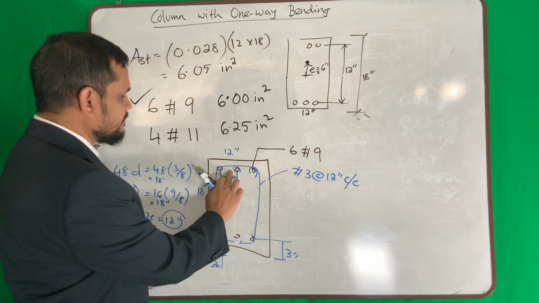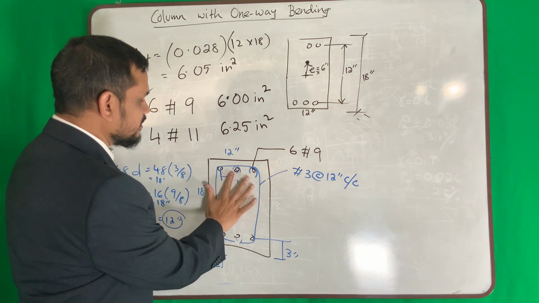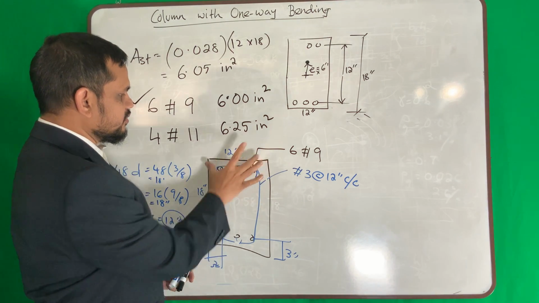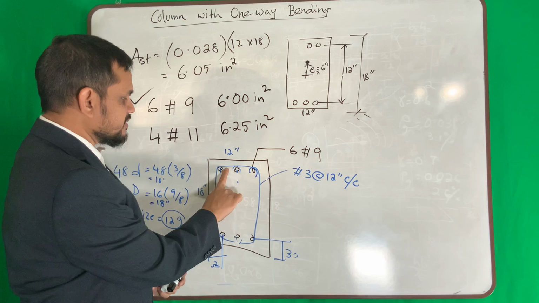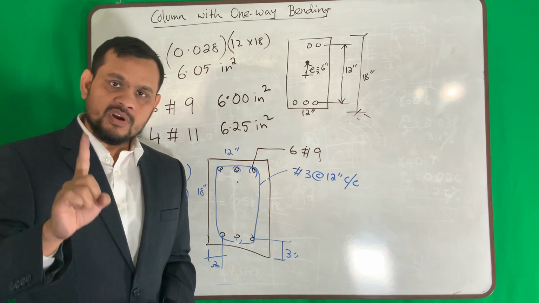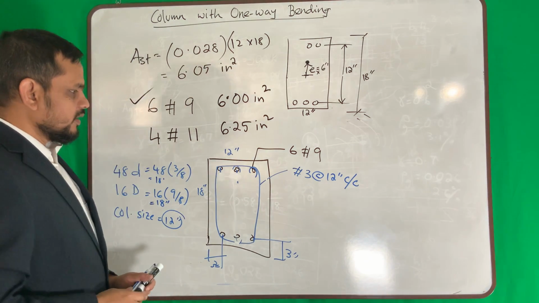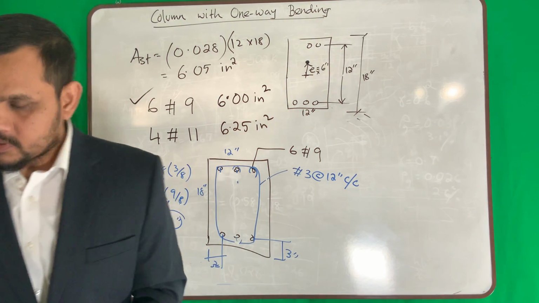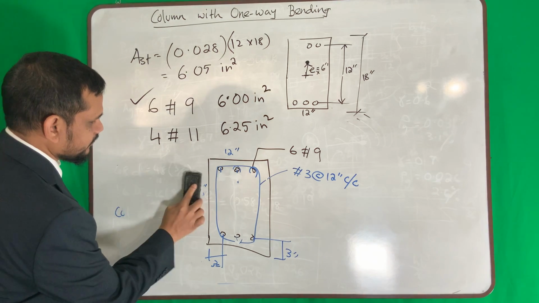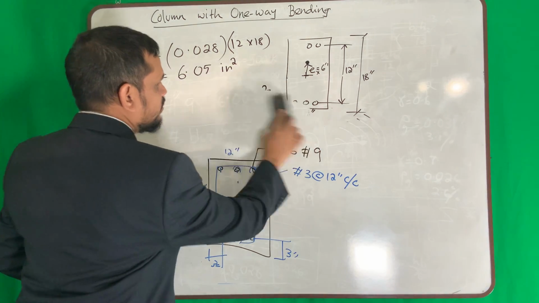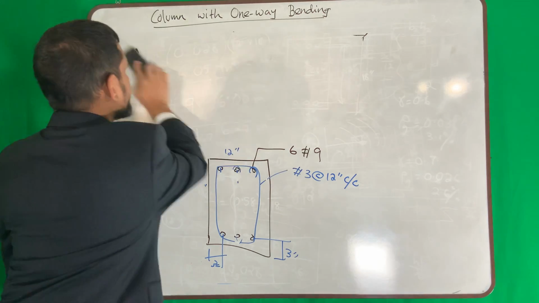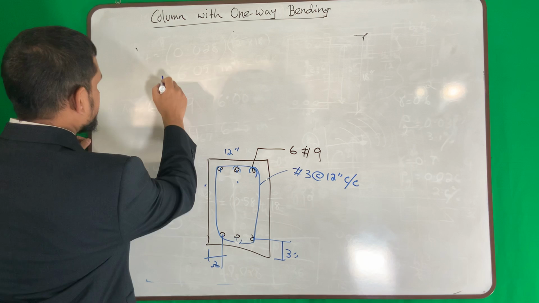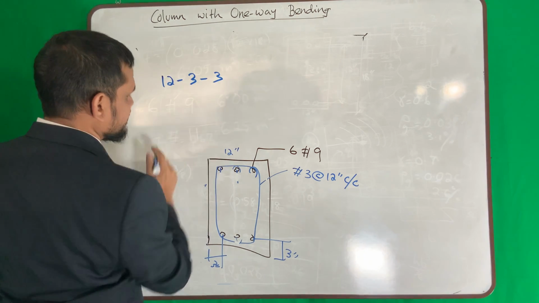But there might be a concern about the minimum clear space. As it is 12, I should check the minimum space. The minimum clear space must be 1 inch or bar diameter. I'm not checking it in detail, you can check, because if I check it, it takes time. Or check very quickly. That means total is 12, 12 minus 3 inch minus 3 inch.